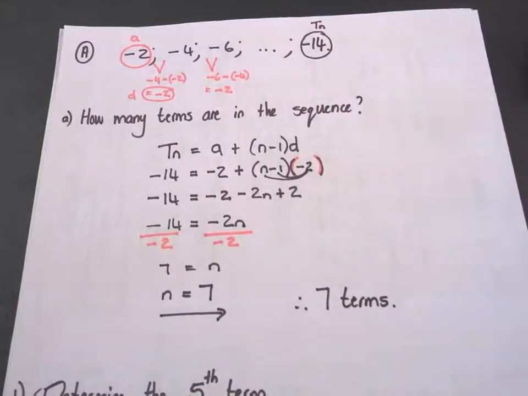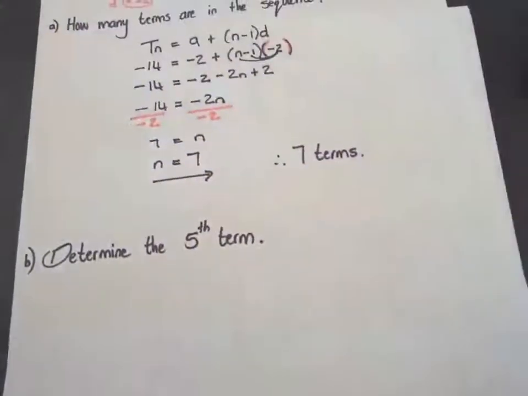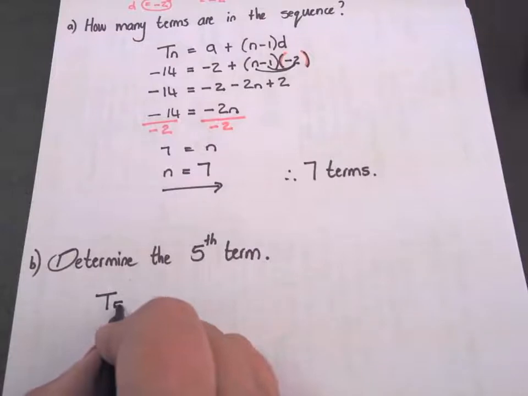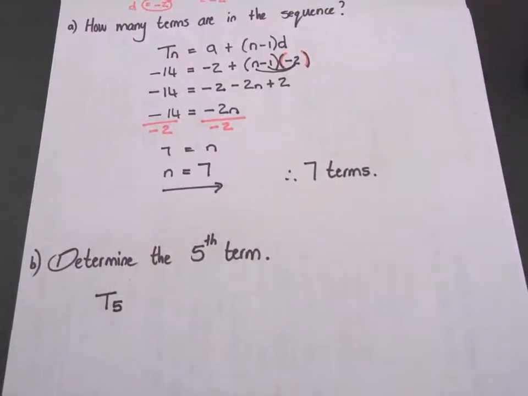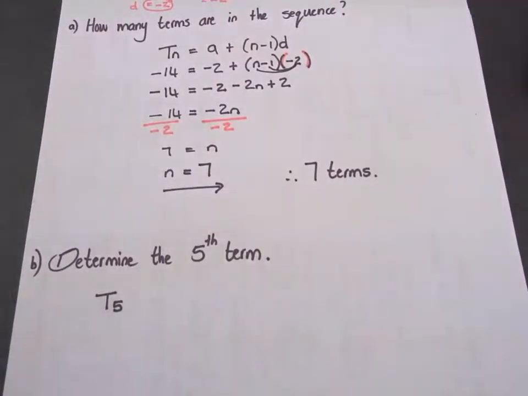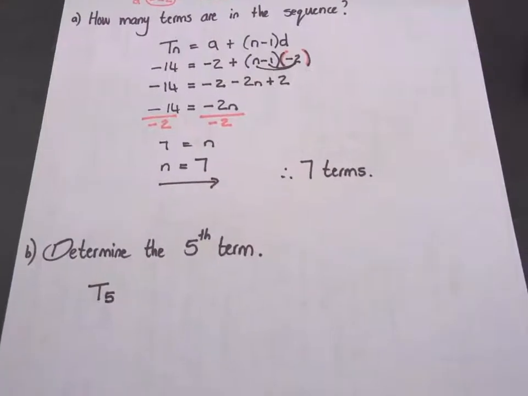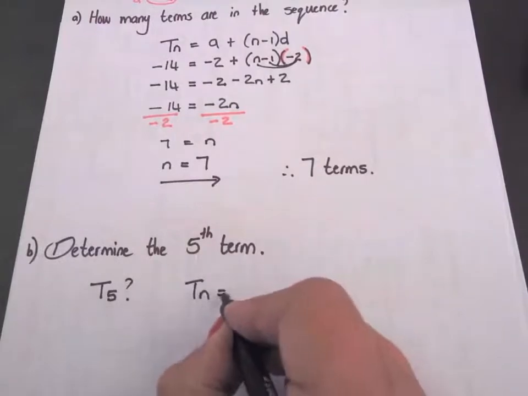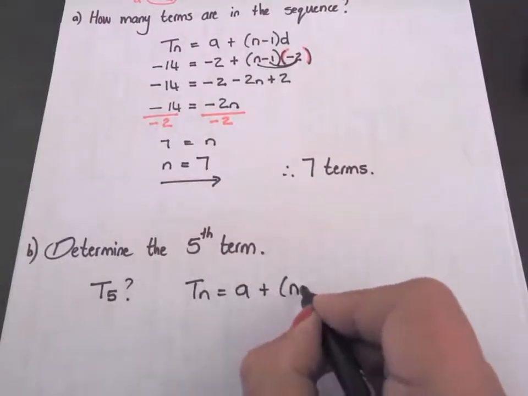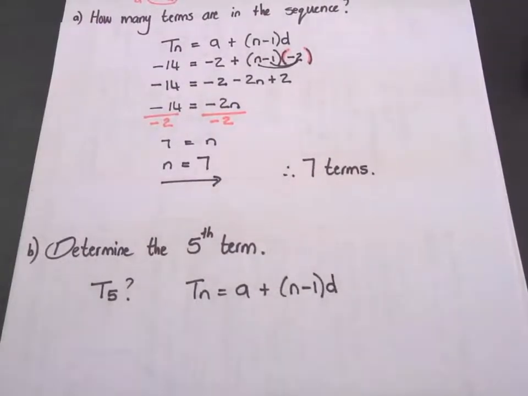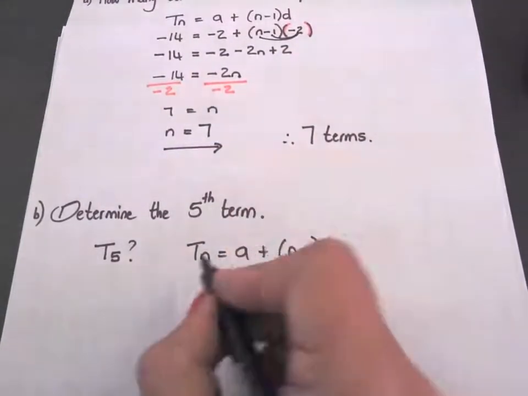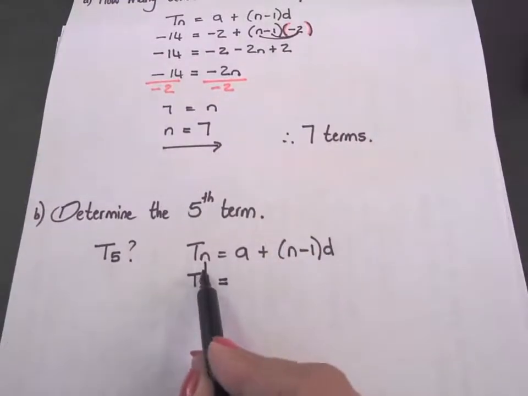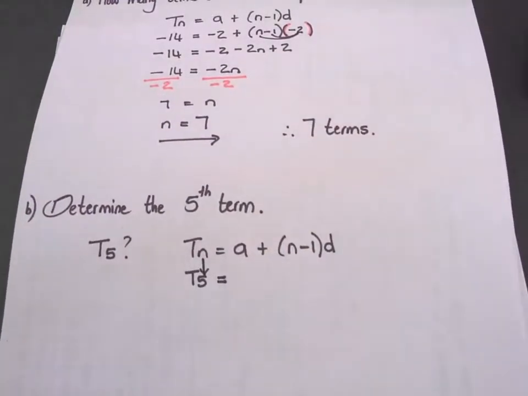A follow-up question. Determine the fifth term. So we need to work out T5. We can start with our general term. Tn equals A plus n minus 1 times D. I want term 5, so I know that n is 5.